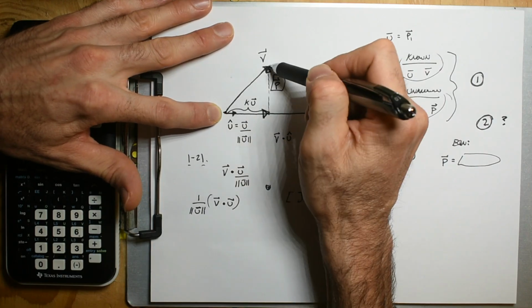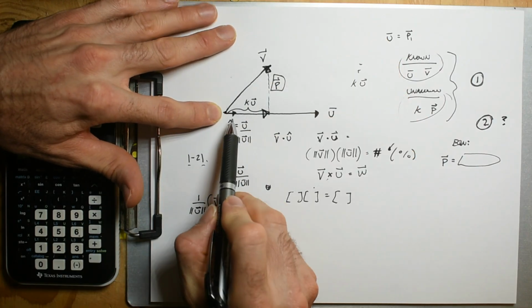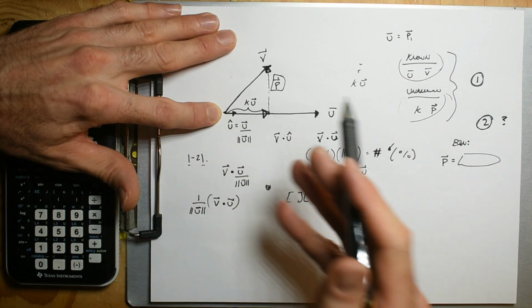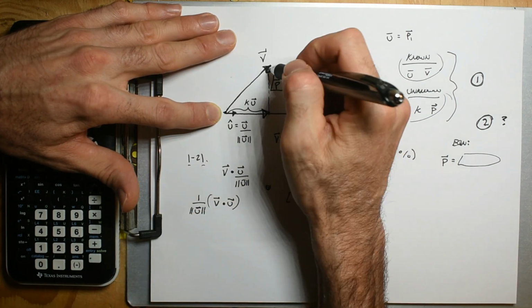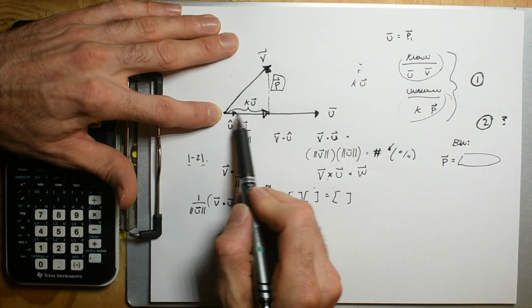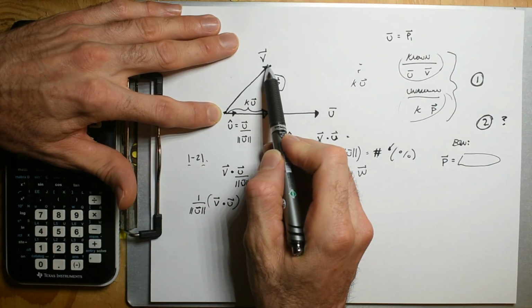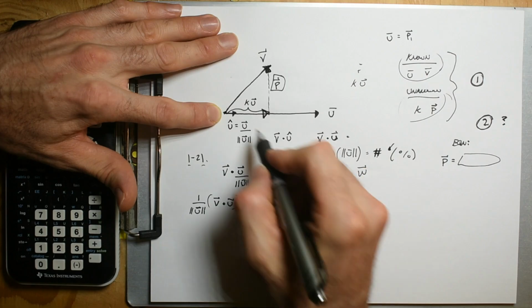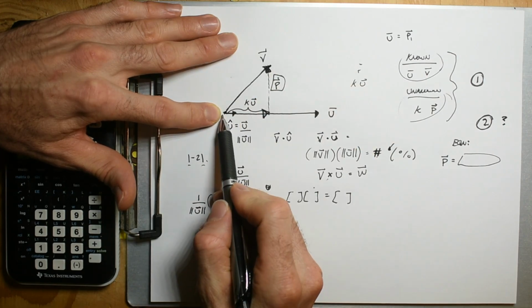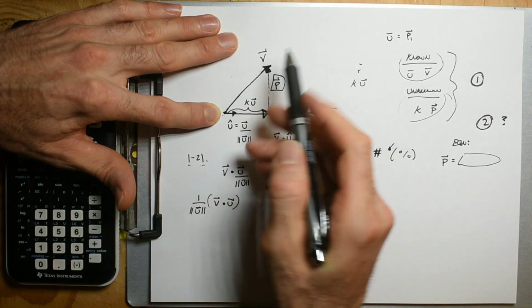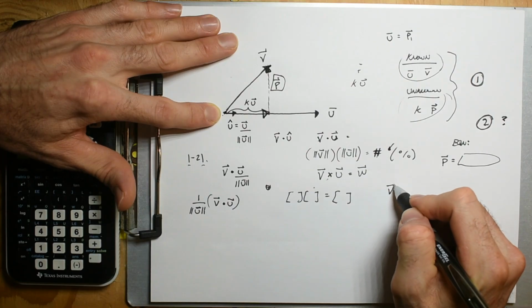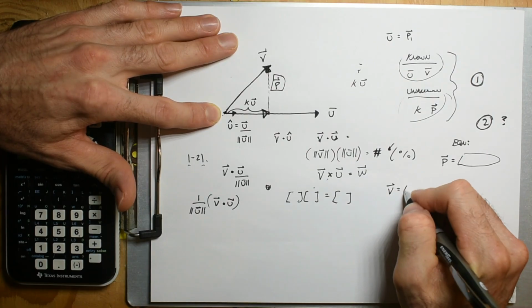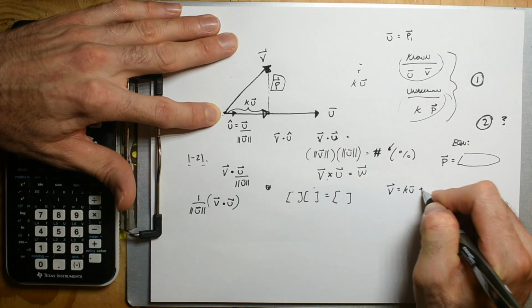We're going to go from here to there, and ask what vector addition also gets us there. Well, we could go this way and that way. So that's our first equation: v is equal to this one and this one. V is equal to ku plus p.